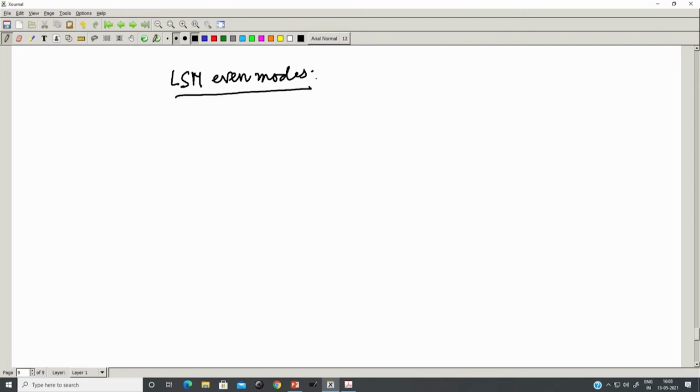We said that LSM even modes are characterized by the potential function having an even distribution, or a cosinusoidal distribution, along the width, which was along the x direction.